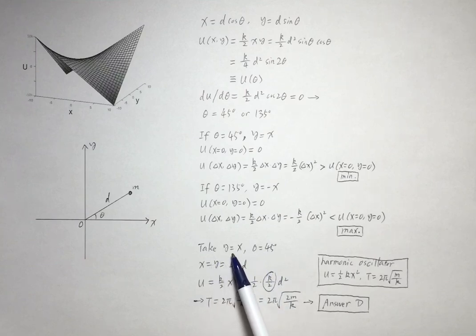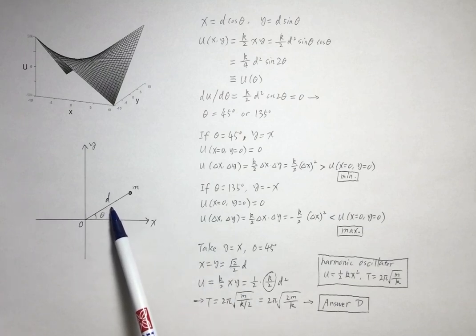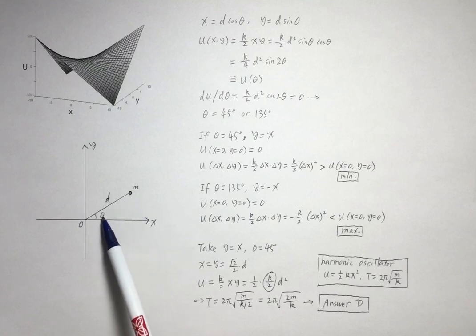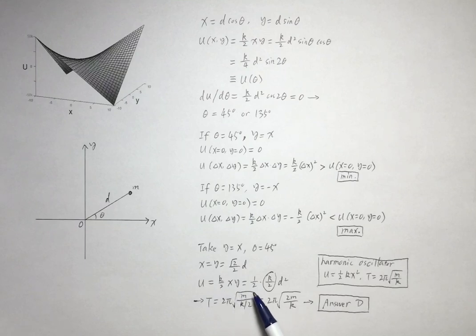If y equals x, theta 45 degrees, then x equals y equals square root of 2 over 2 d. You can figure that out when theta equals 45 degrees. Then U, again from this expression, we can write in this form.